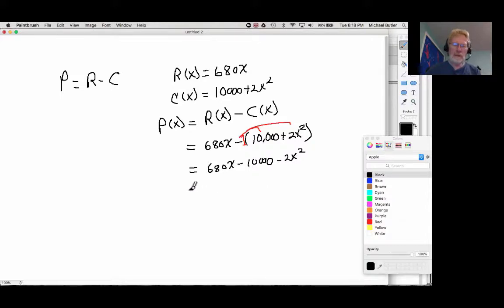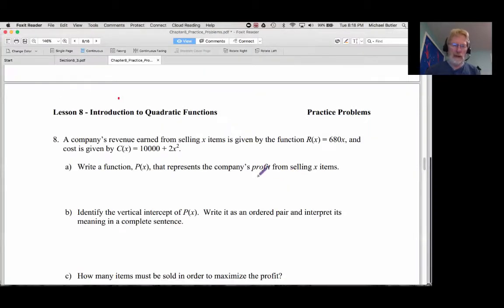Okay, if we put that in descending order, to make it look like standard form, that's minus 2x squared plus 680x minus 10,000. So that's part A that we just finished: P of x is equal to minus 2x squared plus 680x minus 10,000.